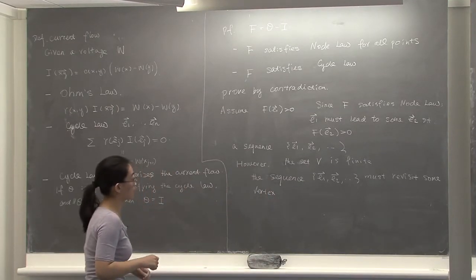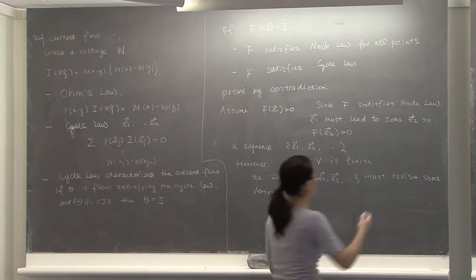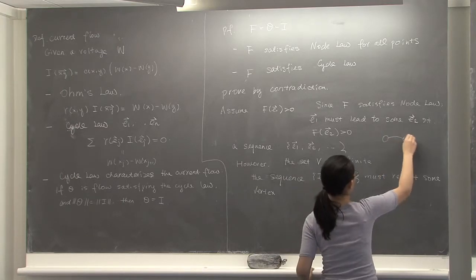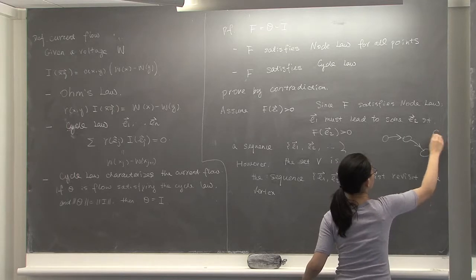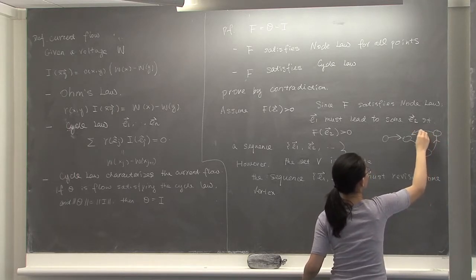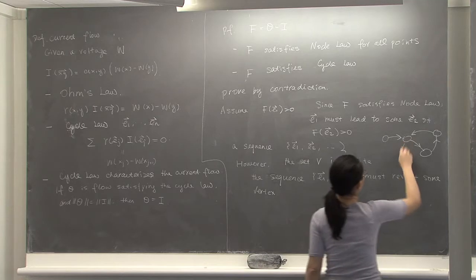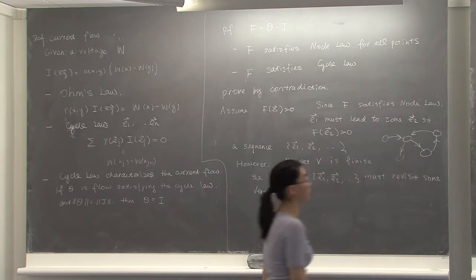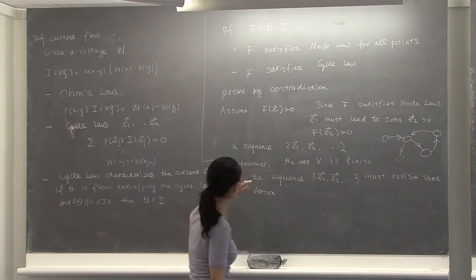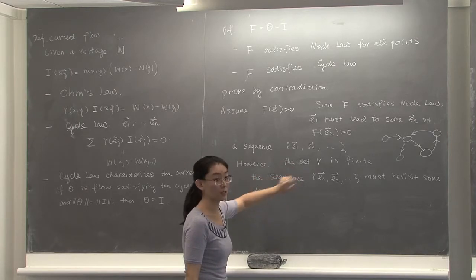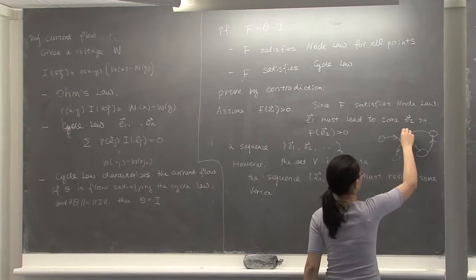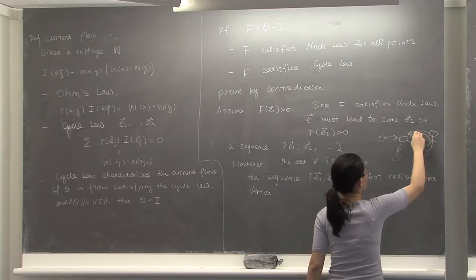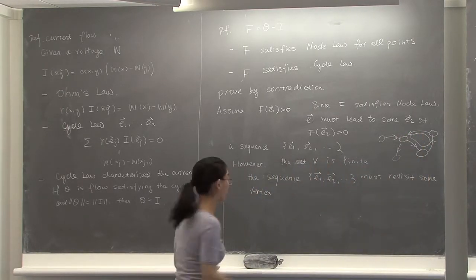So maybe the sequence looks like this, but we know that the set of vertices is finite, so this sequence has to revisit a vertex. And once it revisits a vertex, then we have a resulting cycle.